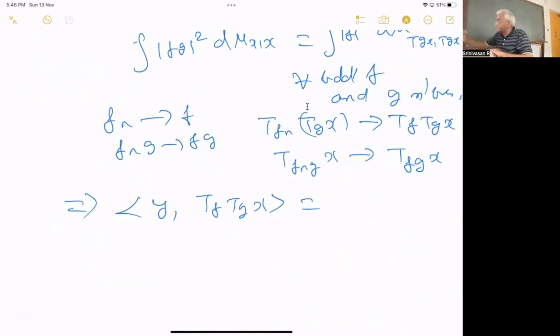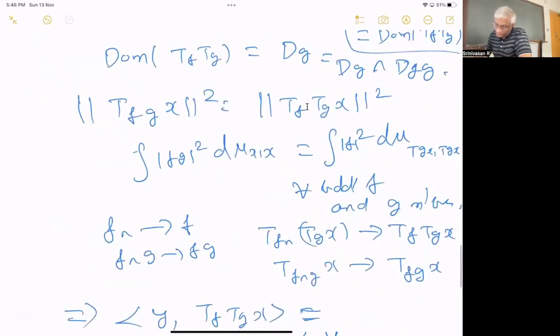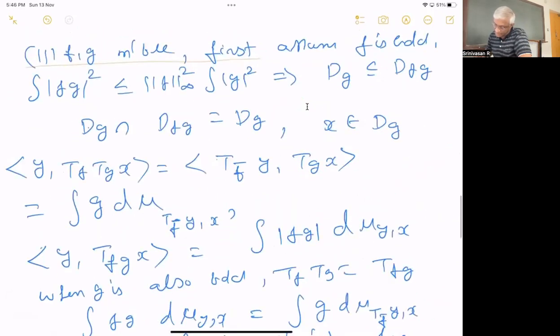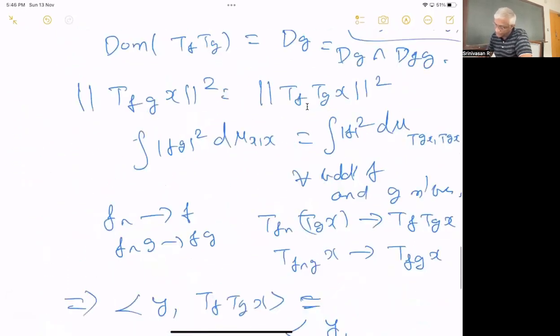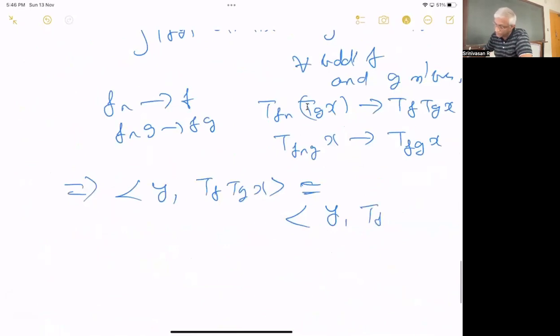See, y T_F T_G x, that's what we calculated. And that is equal to y times T_FG x, right? This holds for all F and G. Okay.